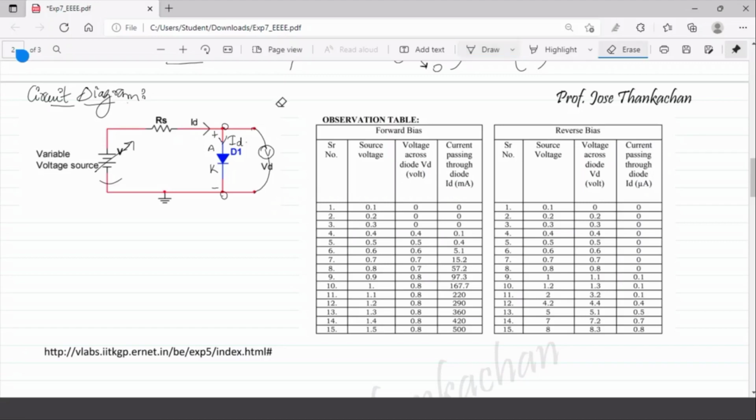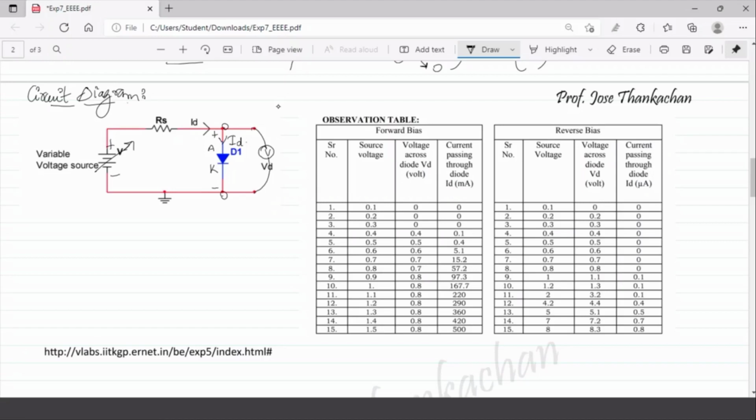So we need to make sure that we always connect a resistance in series for such a circuit. So we have connected a resistance Rs in series with the diode, with the anode connected to the positive terminal and the cathode to the negative terminal.